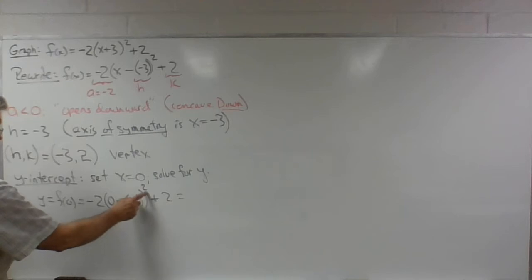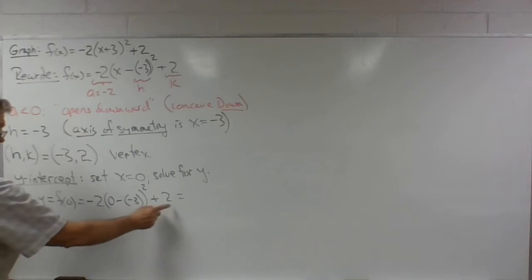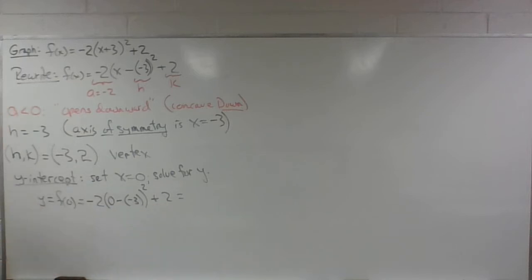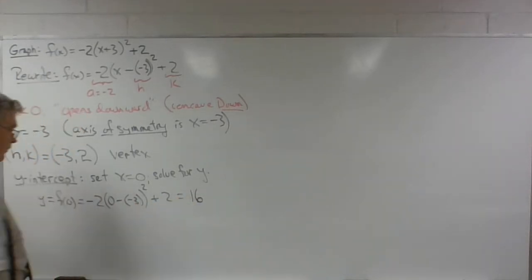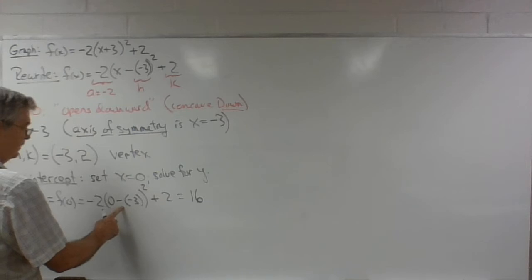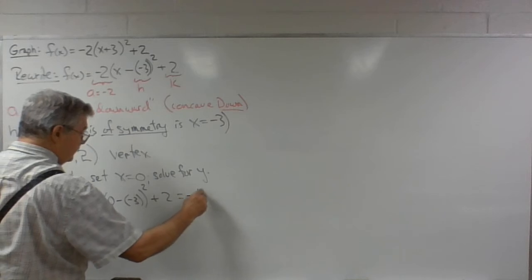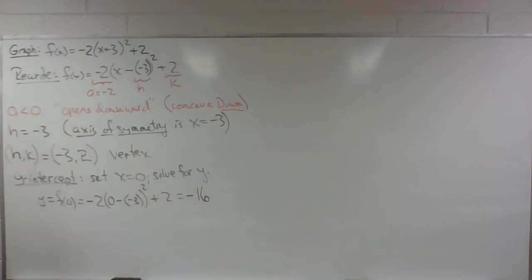Negative 3 squared is 9, times negative 2 is negative 18, plus 2 is negative 16. There, that looks a lot better. And let's go with that right now.